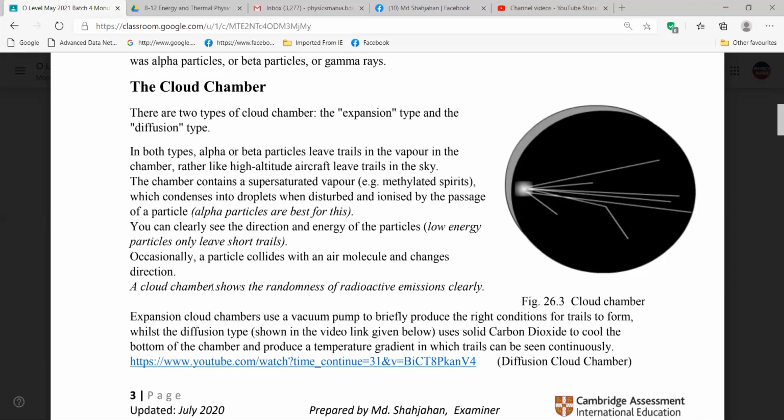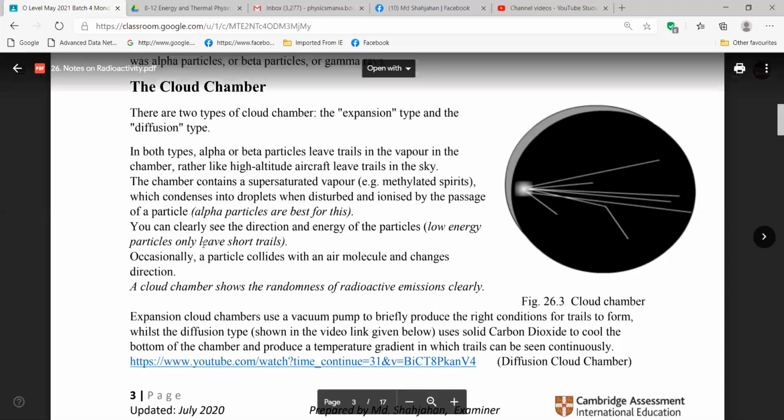Sir, so what shall I write? You should write this one, the italic one: alpha particles are best for detecting in the cloud chamber experiment. The next one is low energy particles leave short trails.